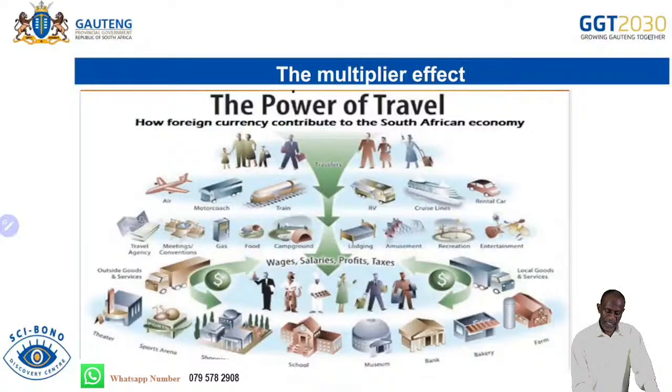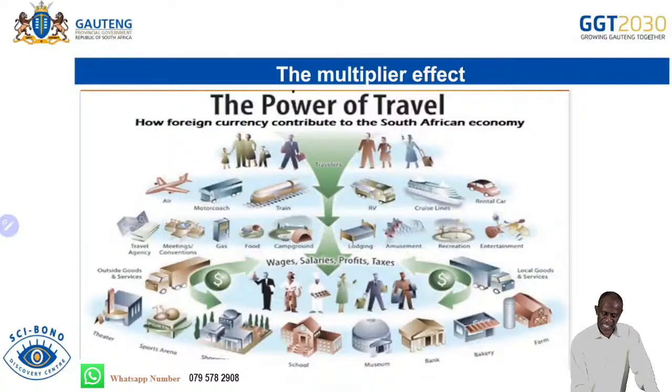So this money that they have paid for transport is further used to sustain other areas of the economy, in the travel agencies, in the restaurants. People who work in this transport industry get salaries and wages, and they further spend it in other areas of the economy.